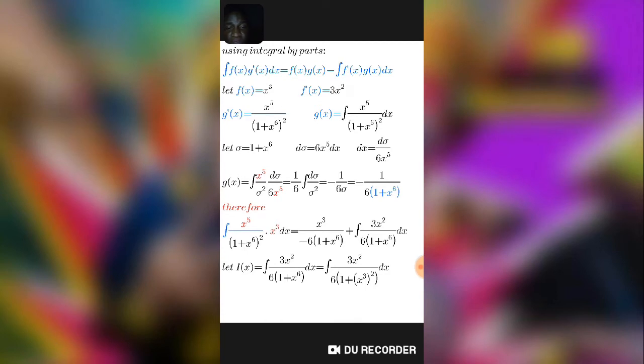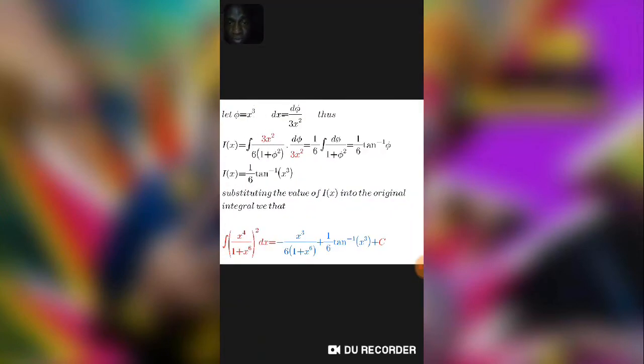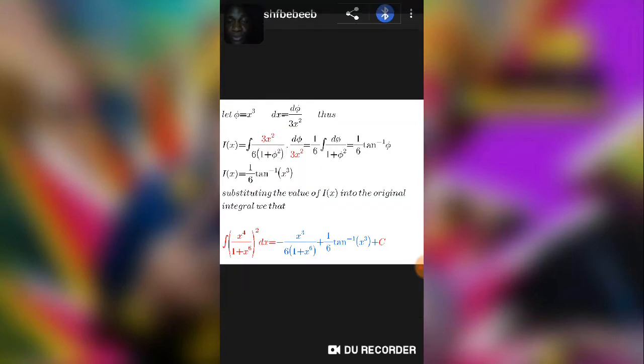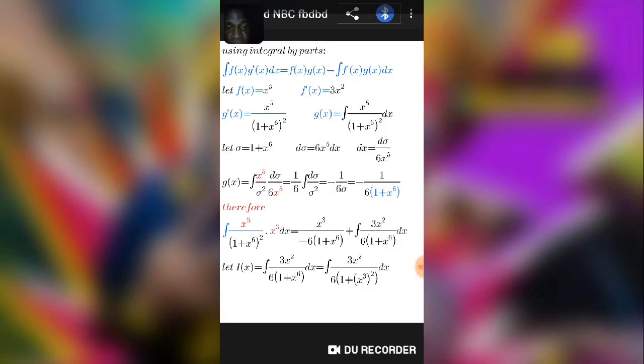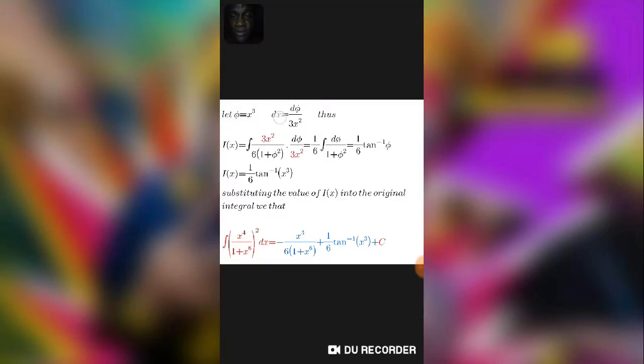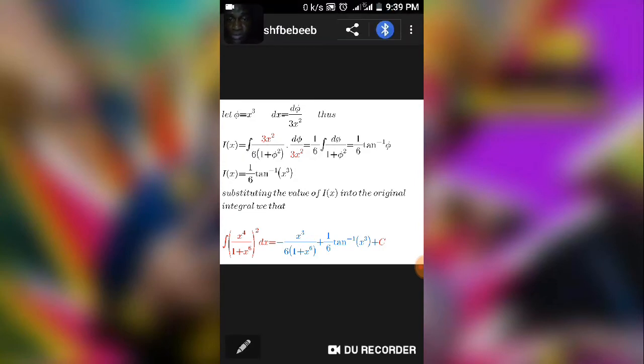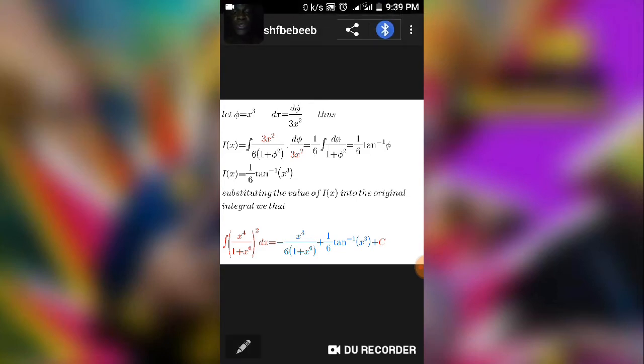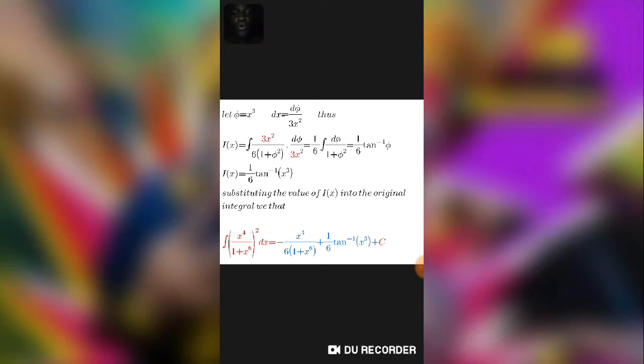Now x raised to the power 3 is theta from here, so we put theta there, then that raised to the power 2, so we have theta raised to power 2 times dx, but now dx is this right over here, so we put that value here. So we can pull out the 1/6. Of course, look at the one I color coded red, cancel out. So we have 3x squared cancel out with 3x squared here. So now we have the integral of d theta over 1 plus theta raised to power 2.